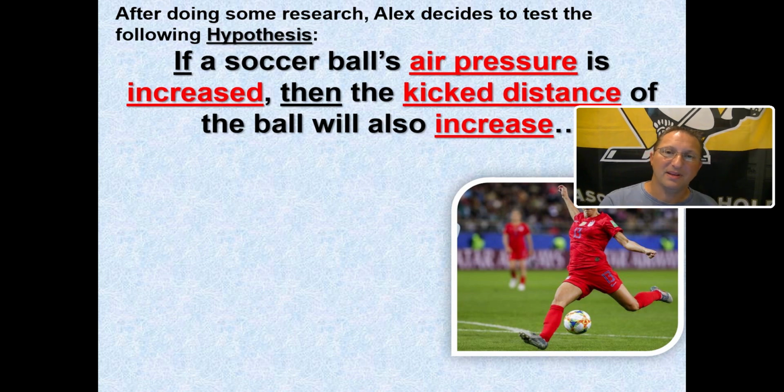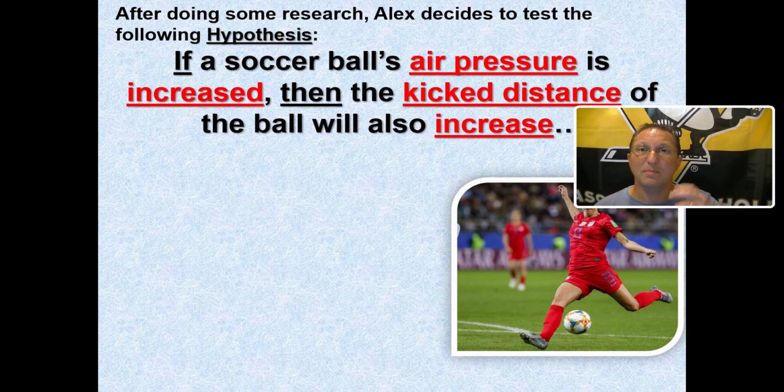So if the air pressure is increased, that's the if, then the kick distance will also increase. So we're talking about two different variables. The if variable is air pressure, the then variable is kicked distance, and we're also describing what's going to happen. If we increase the air pressure, then the kick distance will also increase. That's what her hypothesis says.